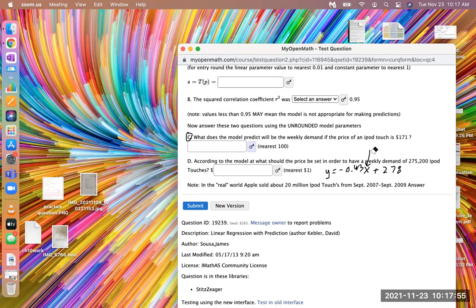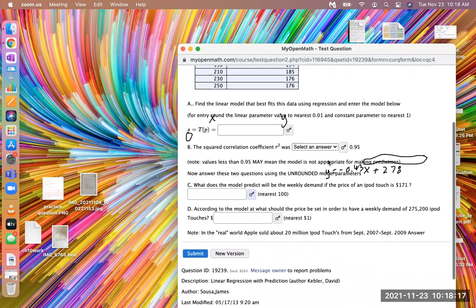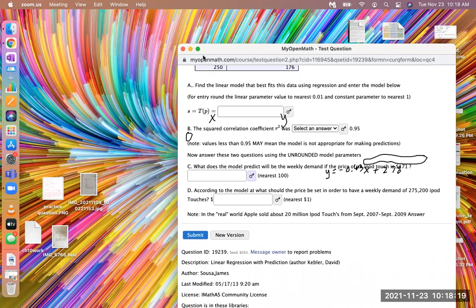So in this problem, they're giving us the weekly demand. So if we look up here, that weekly demand, this is our Y. And this is our X. So that's the Y value they're giving you. So we're going to be plugging that in for Y. The 275.